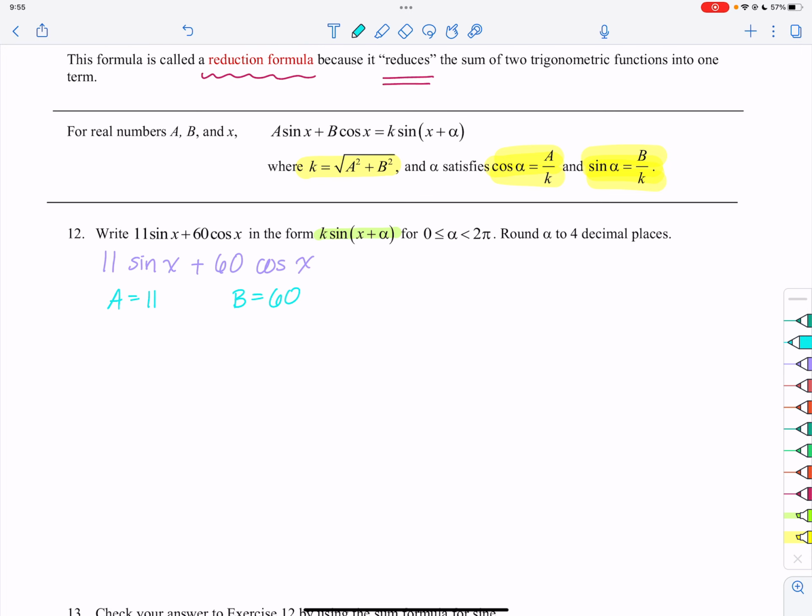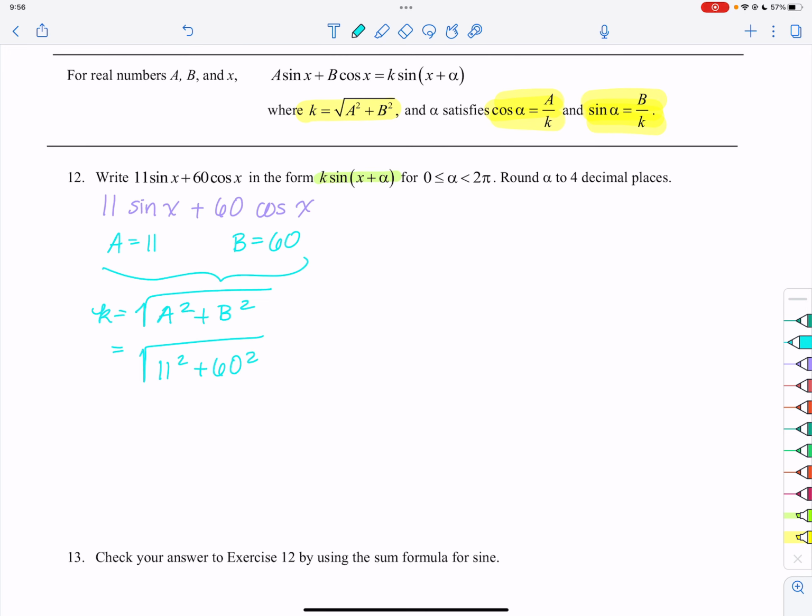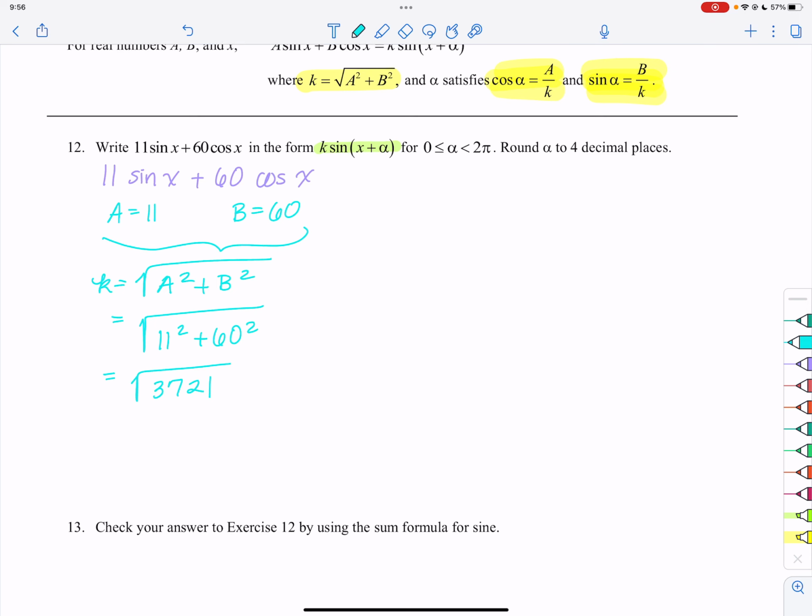So we're going to solve for little k, and k is equal to the square root of a squared plus b squared. And that's equal to 11 squared plus 60 squared. And that comes out to the square root of 3721, and I hope you have your calculators out because that is equal to 61.